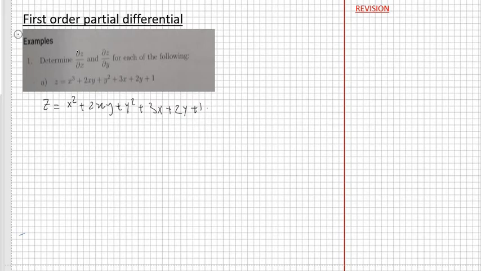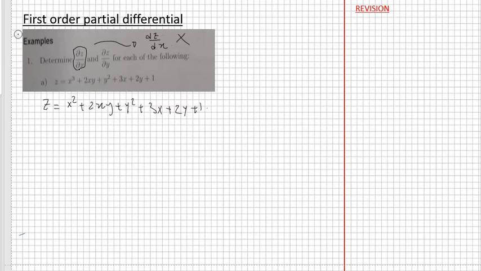So the first question is to derive the function z with respect to x. As you can see, they are using this notation, which is applied to multivariable functions. They are not using dz and dx. So this is wrong.